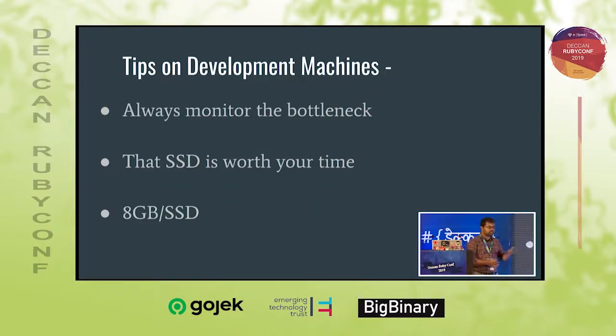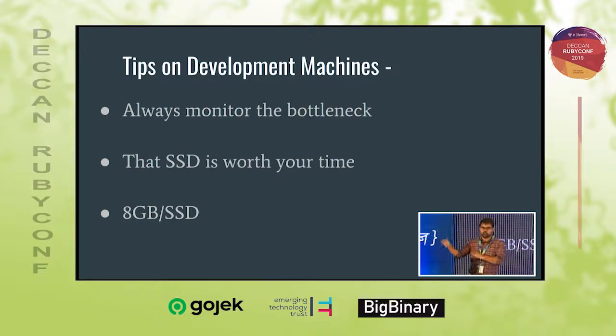Apart from that, there are a couple of things on the development machine, like always monitor the bottlenecks. I was working with a front-end guy who also knew a bit about the Rails application. He was working on just the Haml side of it, but he obviously has to run the Rails application as well. Whenever he tried to change something in the style sheets, which were SASS, he did one change and refreshed the page, and he had to wait for like 10 seconds to recompile all the assets and then reload the application.